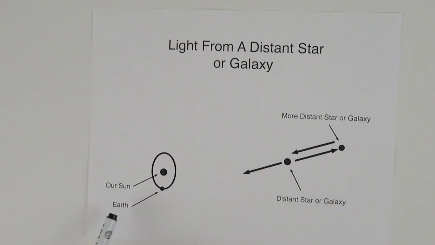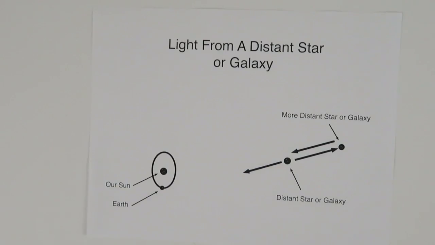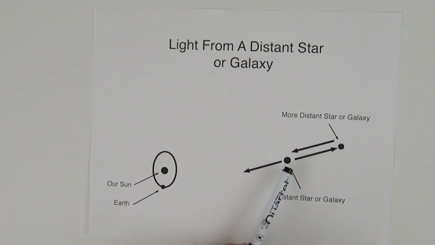Supposing we have our sun, which is a star, and our planet, which is revolving around that star. Supposing sometime in the distant past there was another star or galaxy here, and it was created at a certain time in the universe and started to emit light.